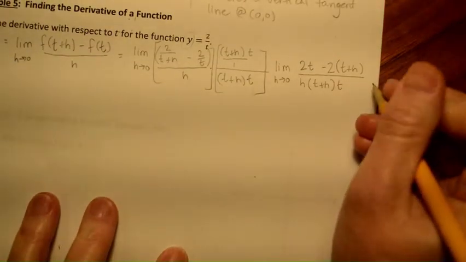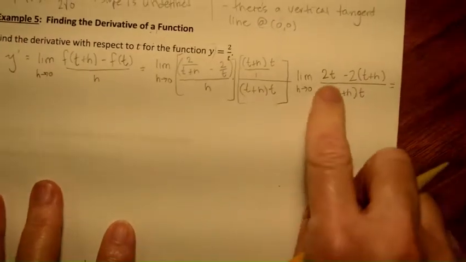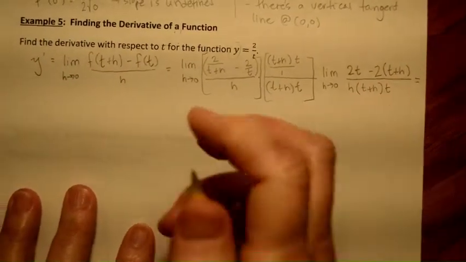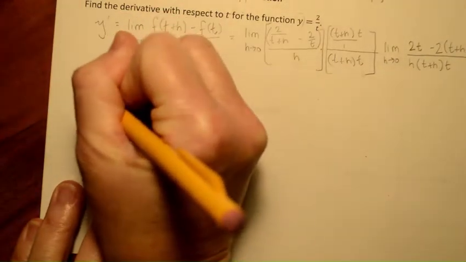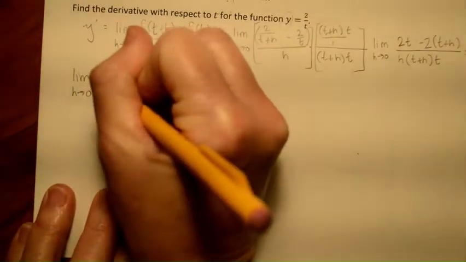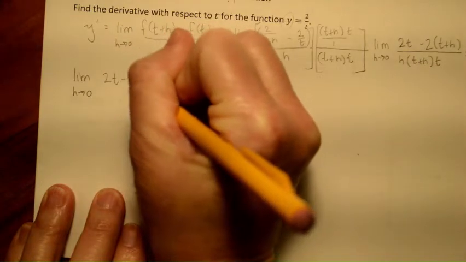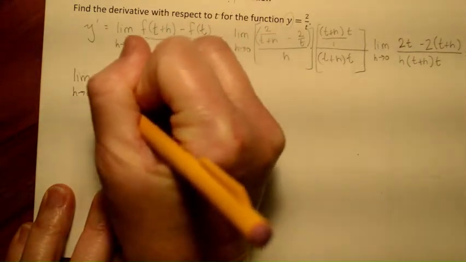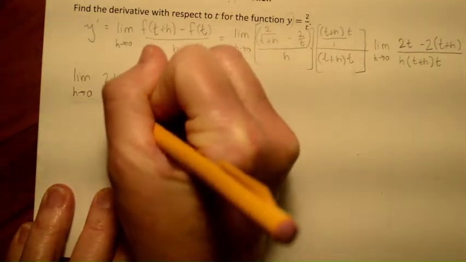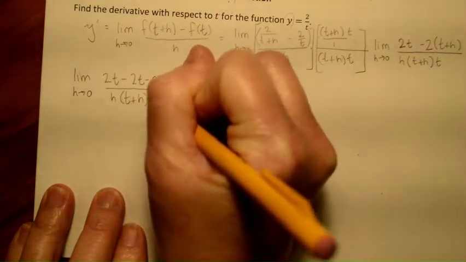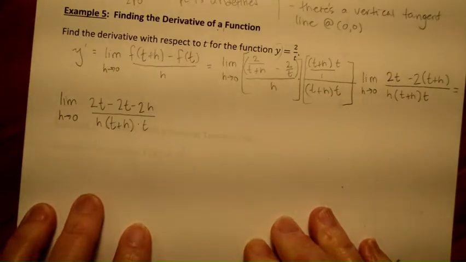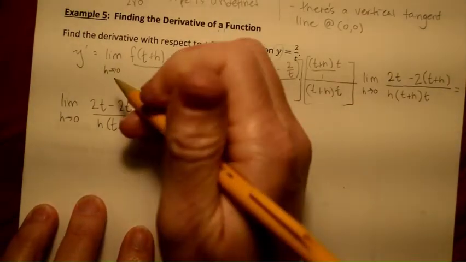Okay? All right, let's simplify more. So I'm going to distribute in the top. So I end up with limit as h approaches 0 of 2t minus 2t minus 2h all over h times t plus h times t. All right, these are going to cancel.